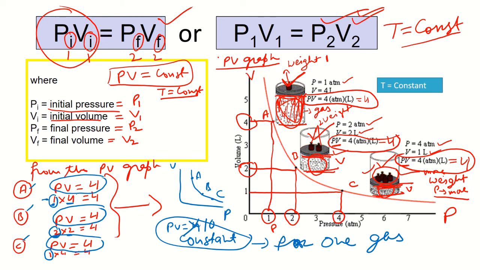And the volume is 4 here, 2 here and 4 here. So the volume is also not the same at point A, point B and point C, but the multiplication together is not changing.